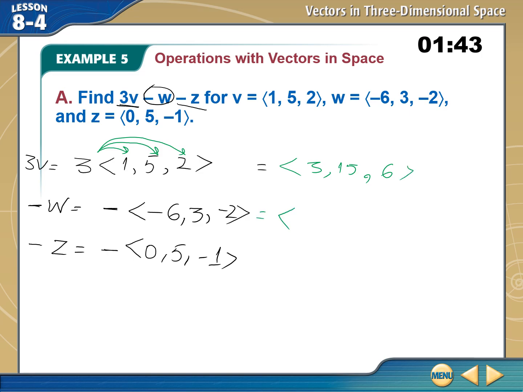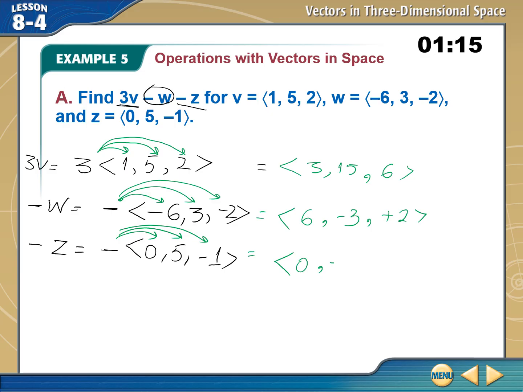Now, if you multiply the whole vector w with the negative sign, you will get positive 6, negative 3, and positive 2. Now for z, multiply all the components with the negative sign. So negative 0 gives us 0, negative times 5 gives us negative 5, and negative times negative 1 gives us positive 1.